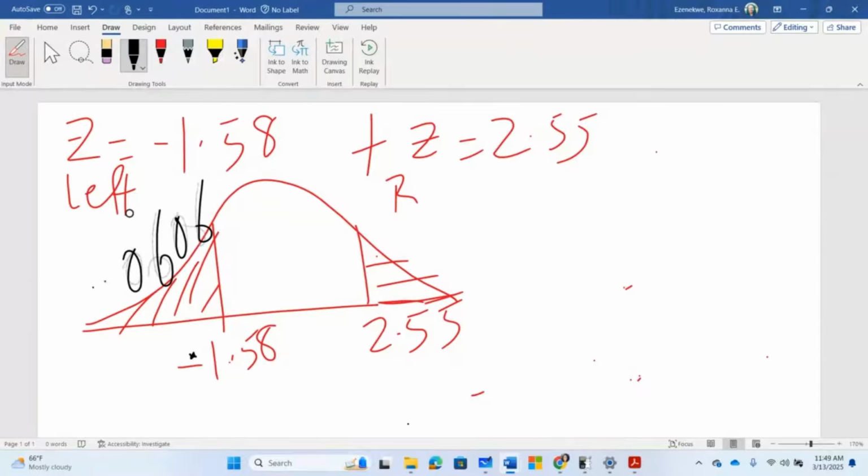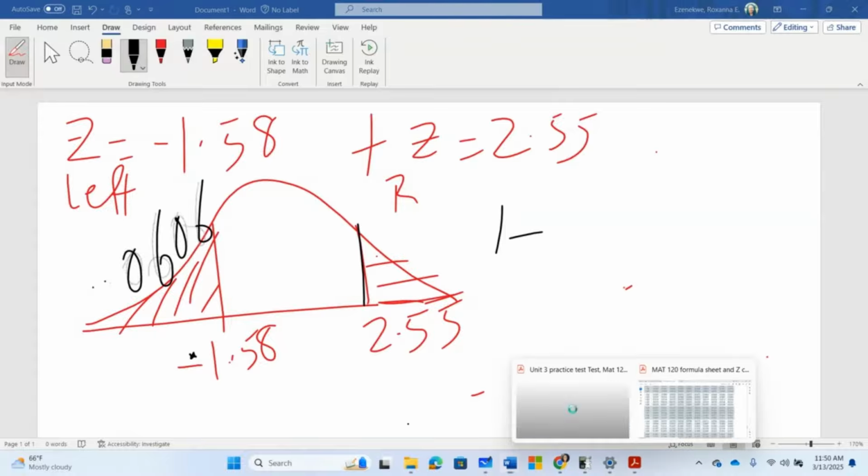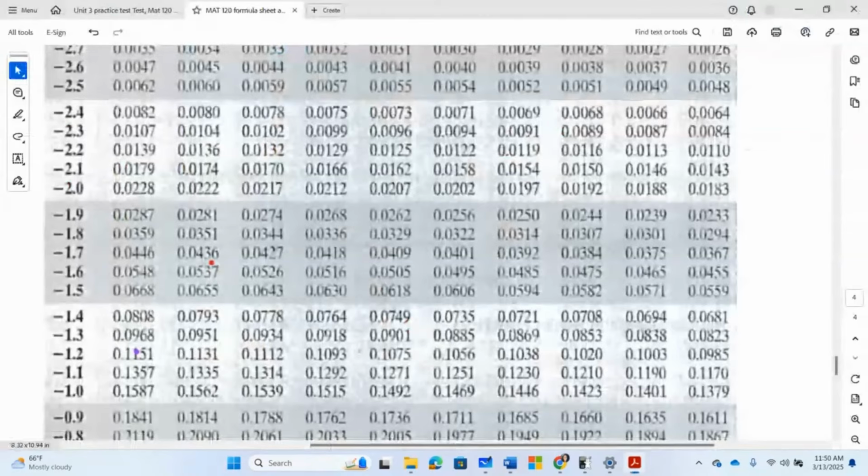Okay, for this area, what I'm going to do is 1 minus, since this area right here is to the left. So I'm going to calculate 1 minus the area to the left. If I'm finding area to the right, I can use calculator to do that. By the way, if I'm reading the chart, I will just pull that up when I get the answer.